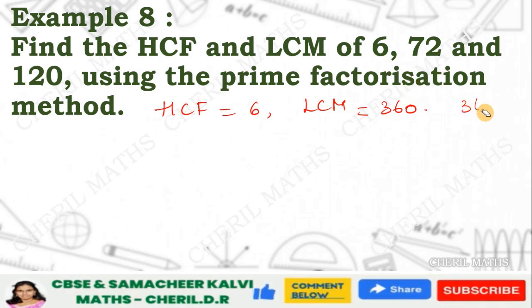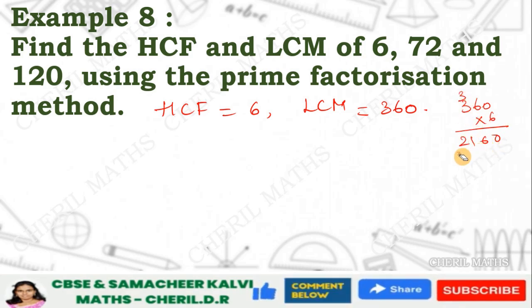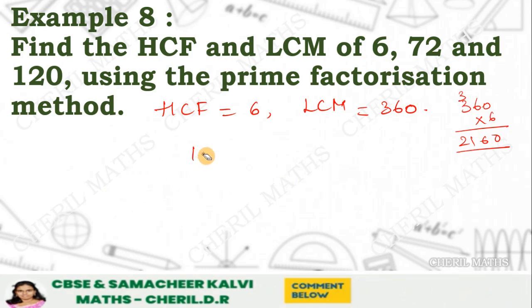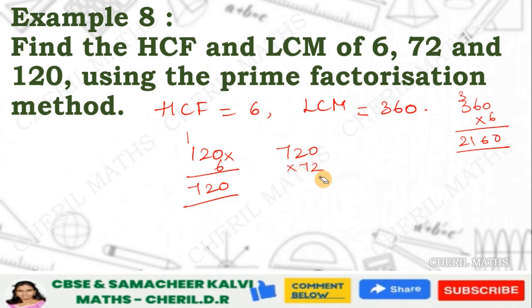So when you multiply 360 into 6, what do you get? 2160. Remember, if you multiply, it's obviously going to be a greater number. Just imagine 120 into 6 itself: it's going to be 720. And 720 into 72, just imagine how big the number is going to be.